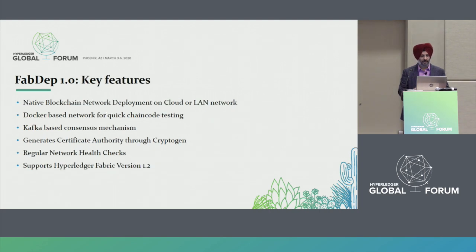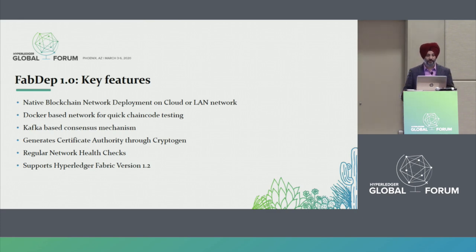Based on their feedback, last year we came up with the first version, FabDep 1.0, with very minimal features. It was a tool for the developer community where they could deploy a Docker-based application and test it on a Docker environment, for say a testing environment.